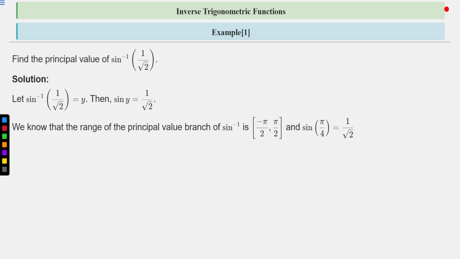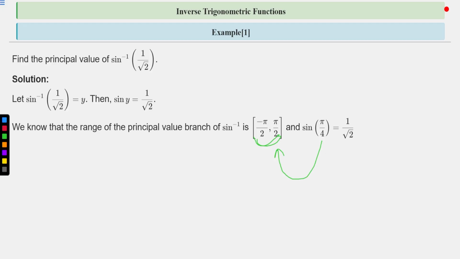Now we know that the range of the principal value branch of sine inverse is from minus pi by 2 to pi by 2, right? And we know that sine pi by 4 is 1 by root 2. We also have to check whether pi by 4 lies in minus pi by 2 to pi by 2 or not.